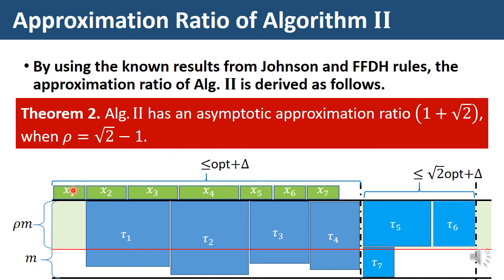In the first part, according to Johnson's rule, we can prove that the duration before the execution of LT jobs can be bounded by 1 OPT plus delta. Here delta is a positive number. In the second part, the duration where the LT jobs execute can be bounded by square root of 2 OPT plus delta. So the total approximation ratio is 1 plus square root of 2.